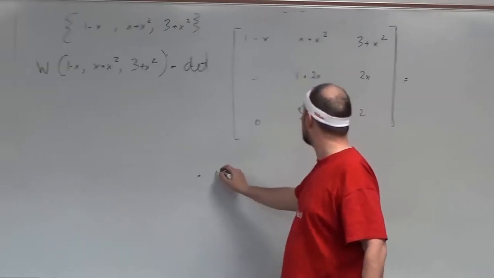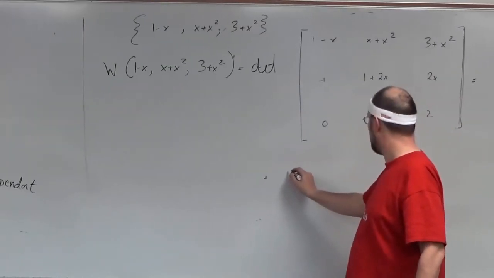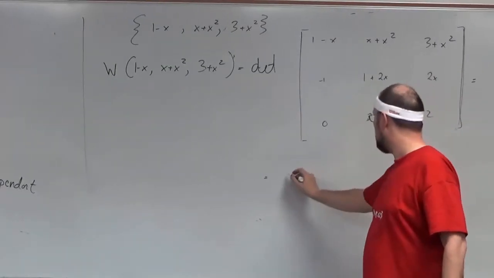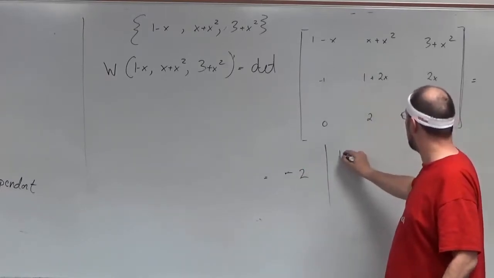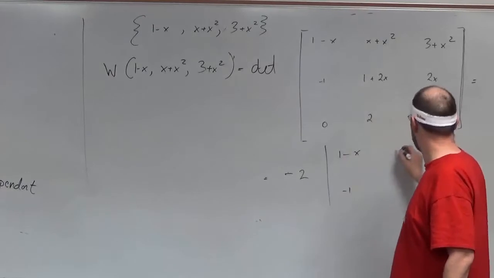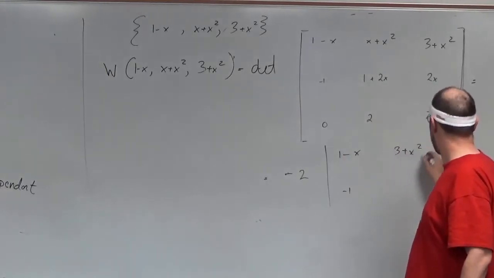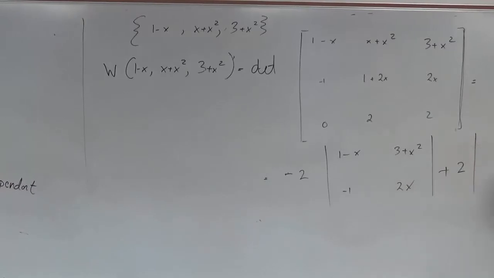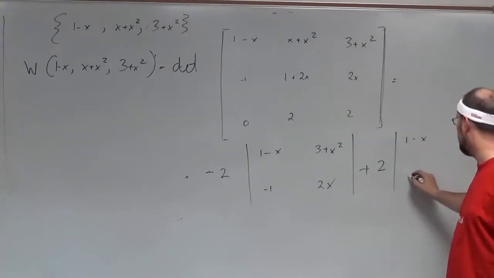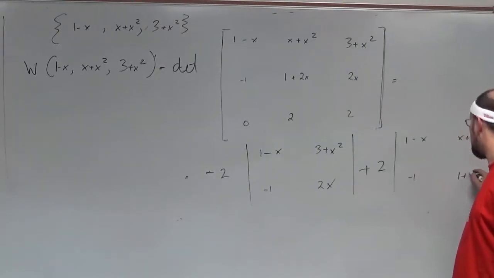So using cofactor expansion. 0, then minus 2 times, plus 2 times. So we're just using cofactor expansion to find this determinant. Notice it's going to be a function of x.